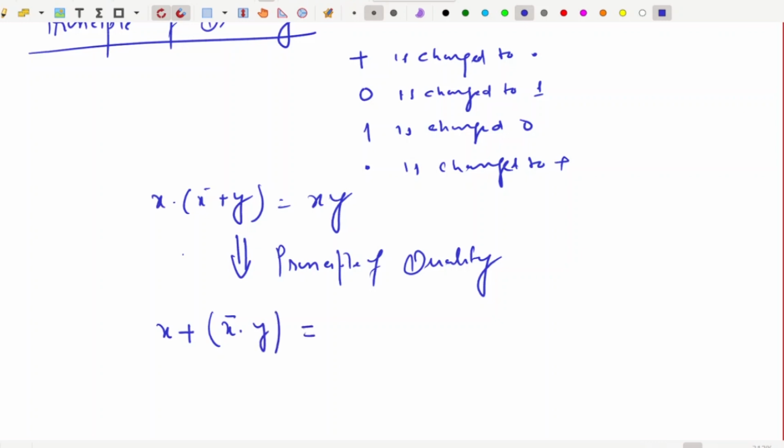On the right hand side we also apply the principle of duality: x, and the AND operator is replaced by the plus operator, that is y. Here the plus operator is nothing but an OR operator, and the dot operator is an AND operator. So this is all about the principle of duality.